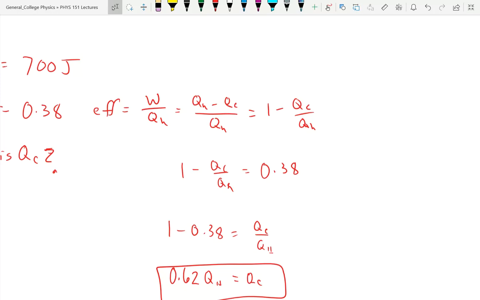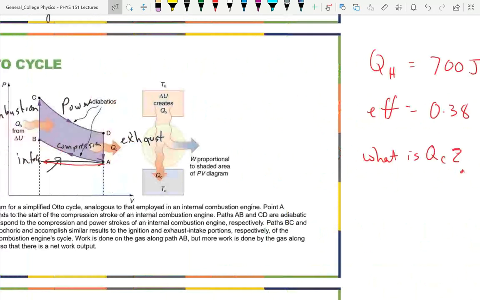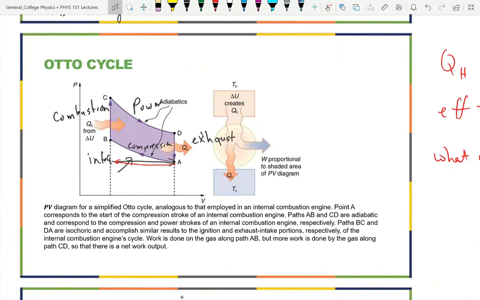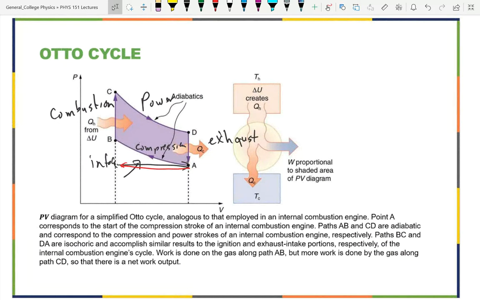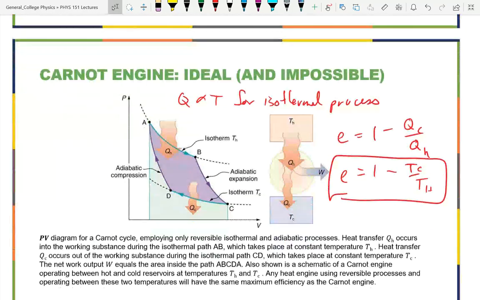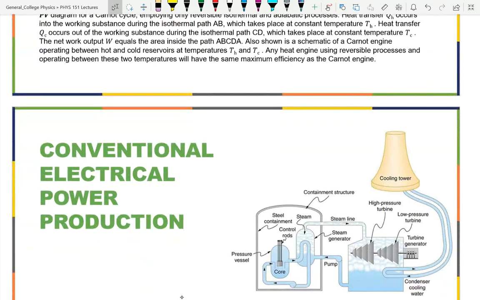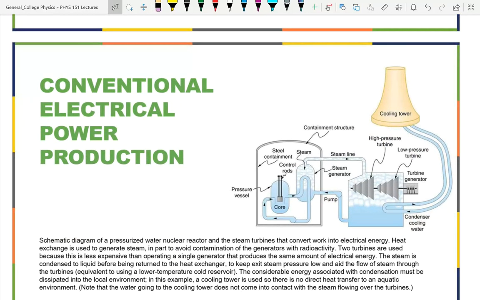Now, on this idea of heat engines, pretty much everything we have comes down to running as a heat engine. And there's a lot of interesting heat engines we have. One of the very common heat engines is what we use to produce electrical power. For electrical power, we boil water.